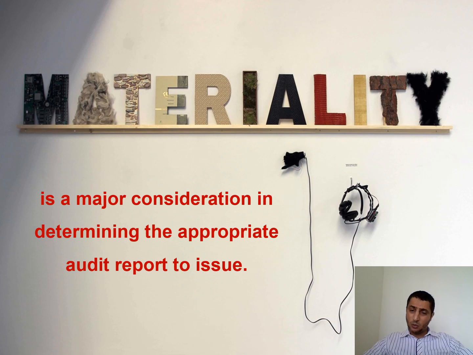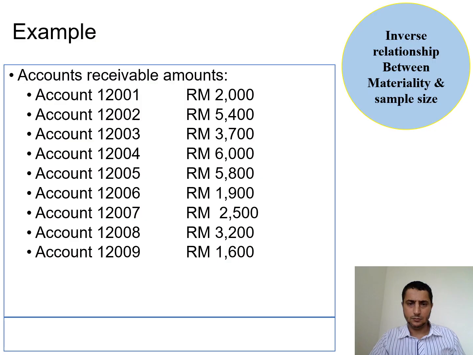We set the materiality at the planning stage, which is before the audit tests, which means it will affect all the following steps in the audit. So we need to ensure that we do it in a very proper manner.